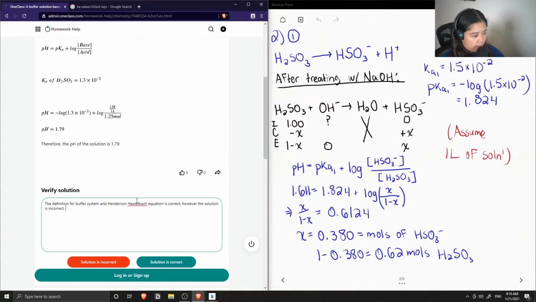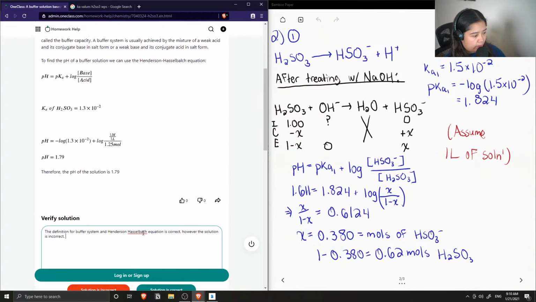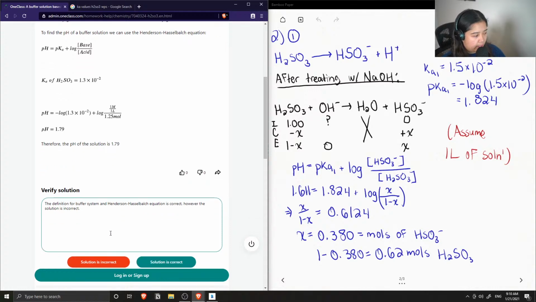Okay, so I said the definition for buffer system, and the Henderson-Hasselbalch equation is correct. However, the solution is incorrect.